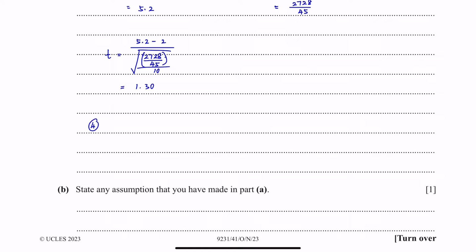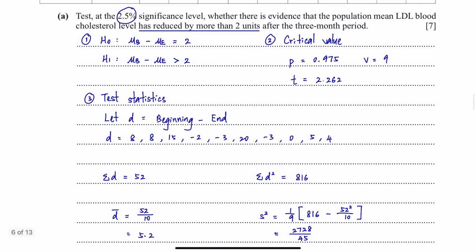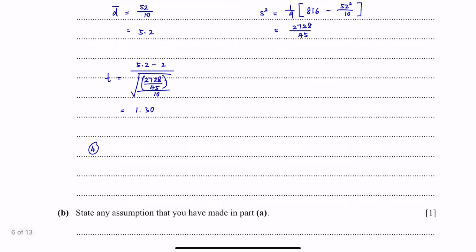So the fourth step, we need to compare the test statistic and our critical value. So we can see that our test statistic is 1.30 and the critical value is 2.262. And 1.30 is definitely less than this. So we can draw a graph, the normal distribution graph, and we can see that 2.262 is over here. This is the critical value, yeah?